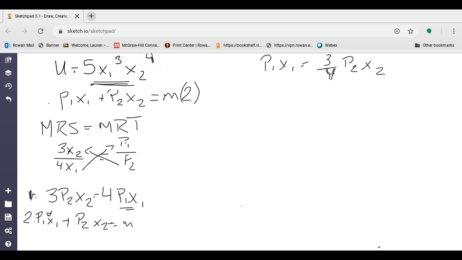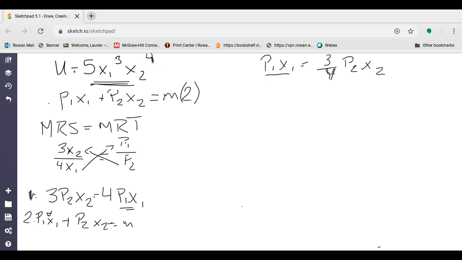All right, so we have this. And so let's replace what we know for P1x1, this 3/4 P2 x2. I'm leaving it in fractions just so I don't have a problem when I have to round. This comes out nicely, but you might get a number that doesn't come out as nicely.